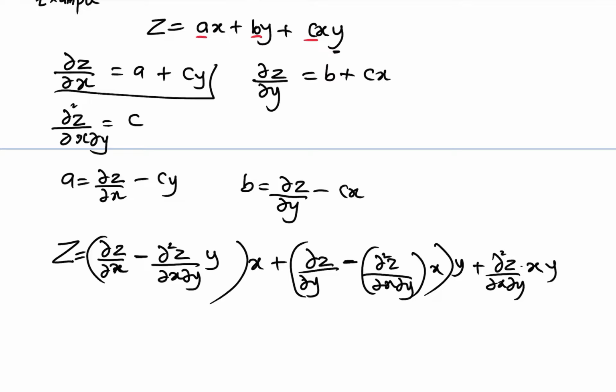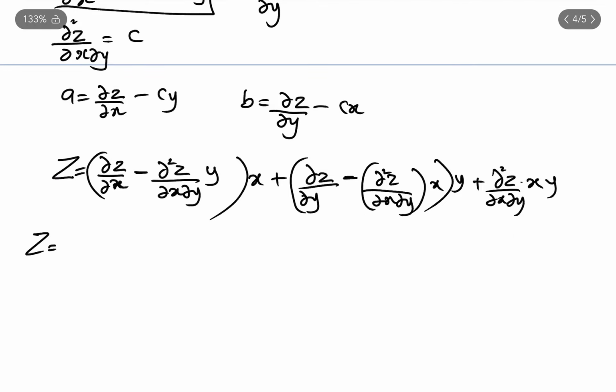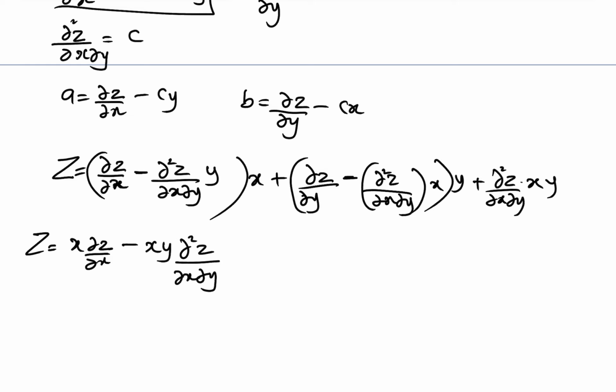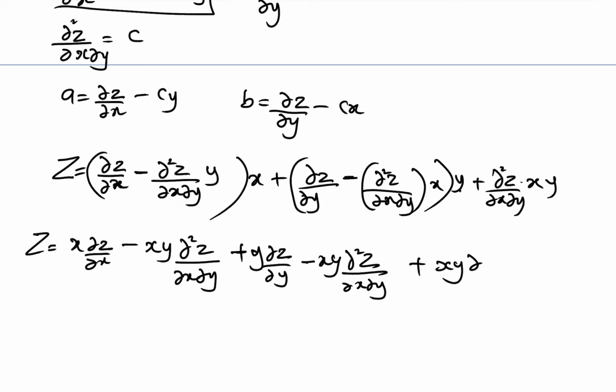Yeah. So when we open these brackets, this is what we're going to get: x dz dx minus xy d square z over dx dy. Also, multiplying, this is going to give us y dz dy minus xy d square z dx dy plus xy d square z delta x delta y.